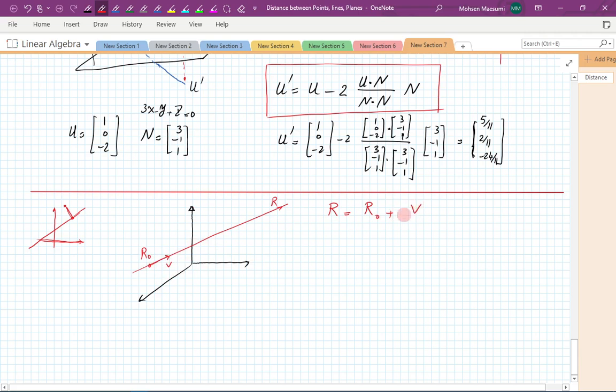You keep taking steps along the v to arrive at any point that you like, for example r. So this is the equation of a line in 3D.